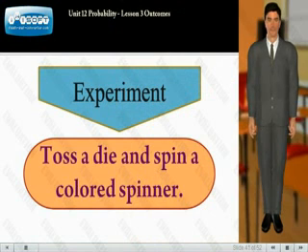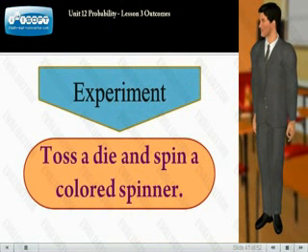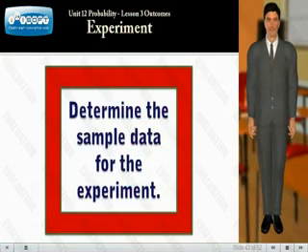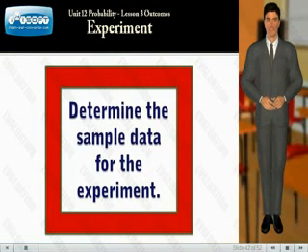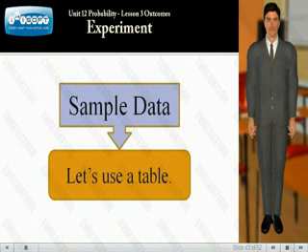Let's try another experiment. On this one, I want to toss a die and spin a colored spinner. So I need to determine the sample data for this experiment. For this sample data, I'm also going to use a table.